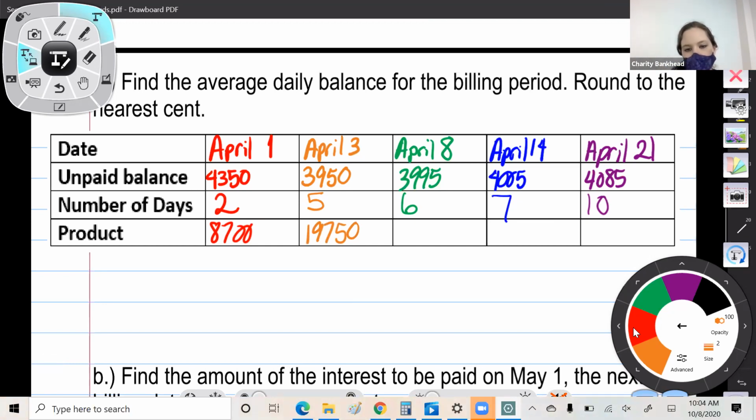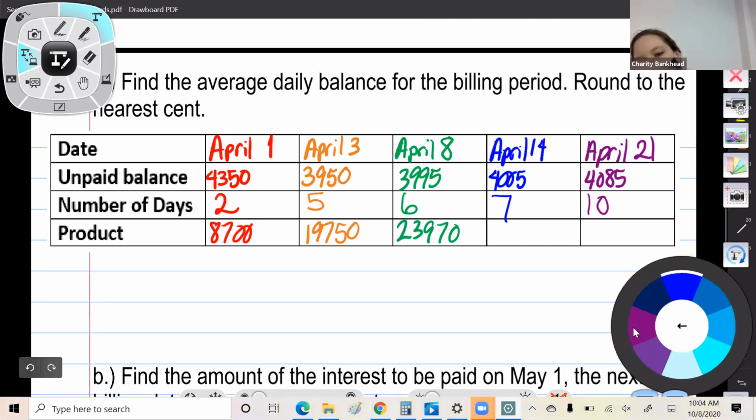And then 6 times 3995 equals 23,970. 7 times 4,005 equals 28,035. And then 4085 times 10 would be 40,850.